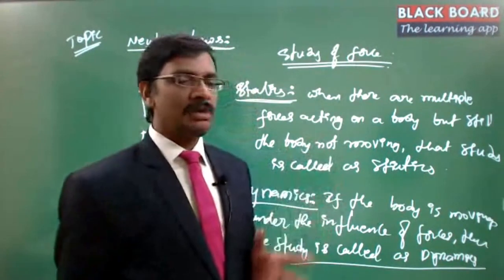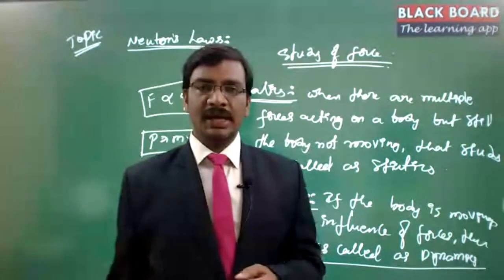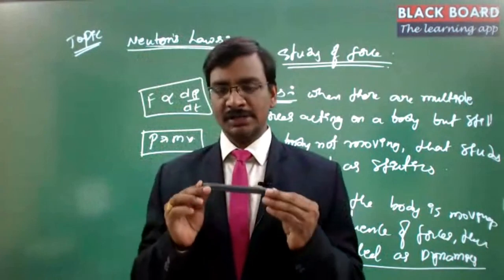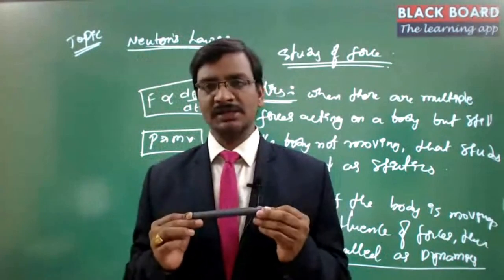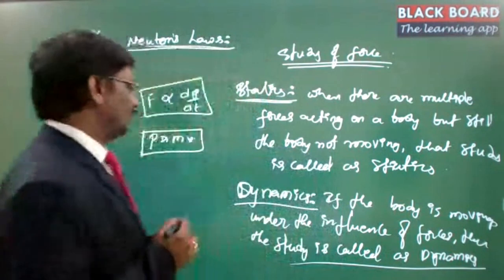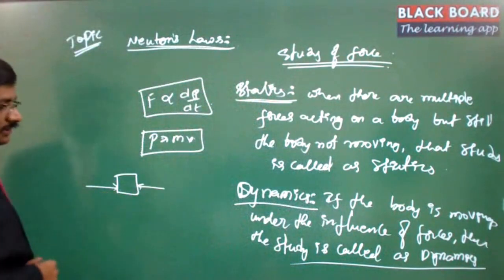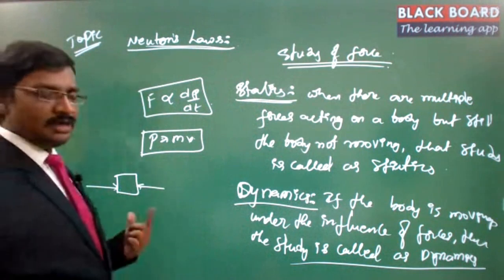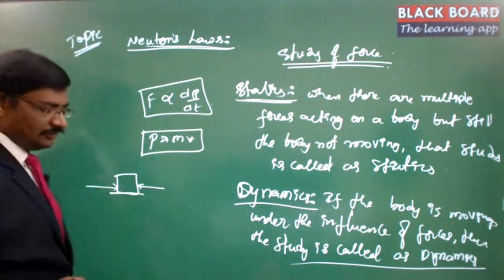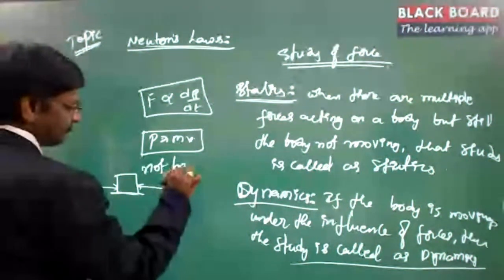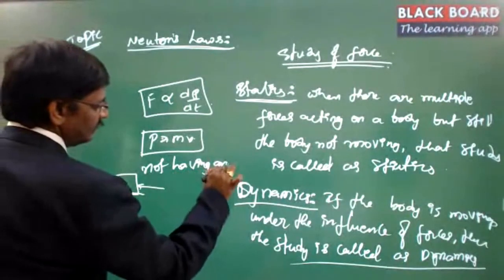Now when there are multiple forces acting on a body, the analysis can go deeper. The simplest case is two different forces acting on it. If a body has a force acting on this side and a force on that side, and these two are nullified, then the body is not having any linear motion.